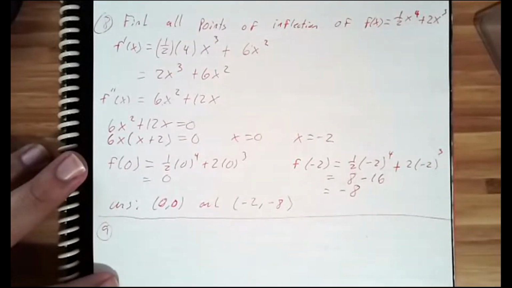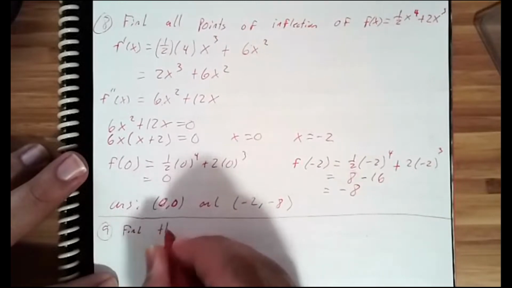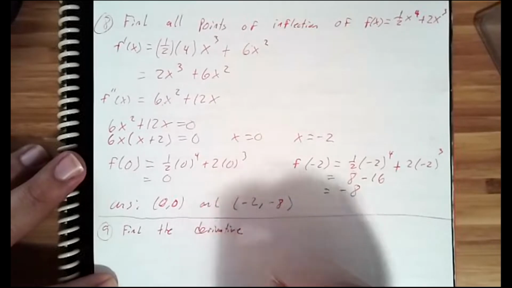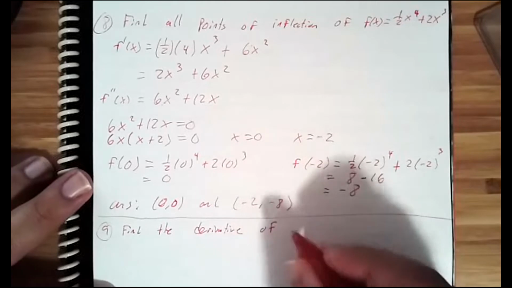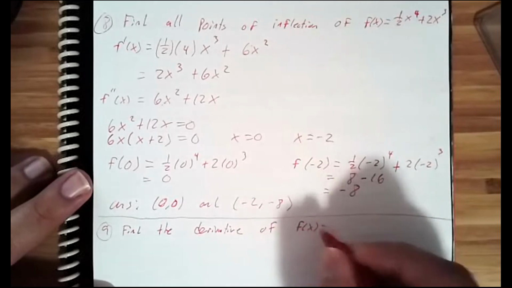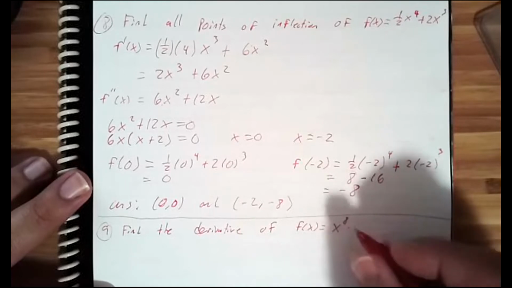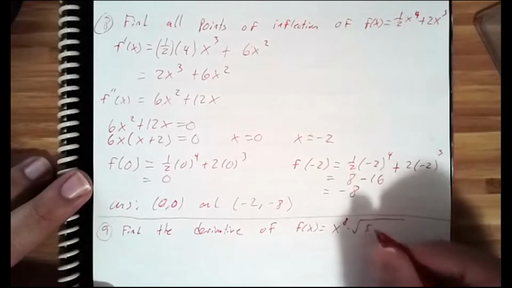Number 9 says just find the derivative. That's it. Okay, so the function is going to be x to the 8th times the square root of 5 minus 3x.